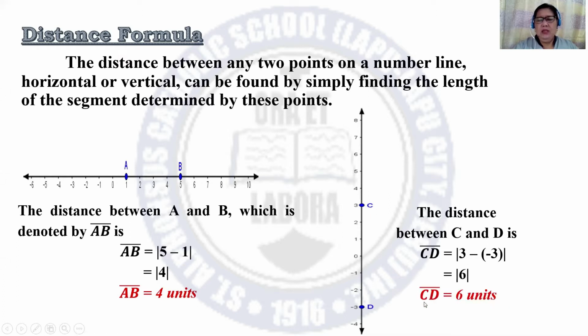So the distance from C to D is 6 units. You may interchange the numbers. If you wish to start with D, then followed by C, you can do it, and the answer is still the same because you are taking the absolute value of the number.